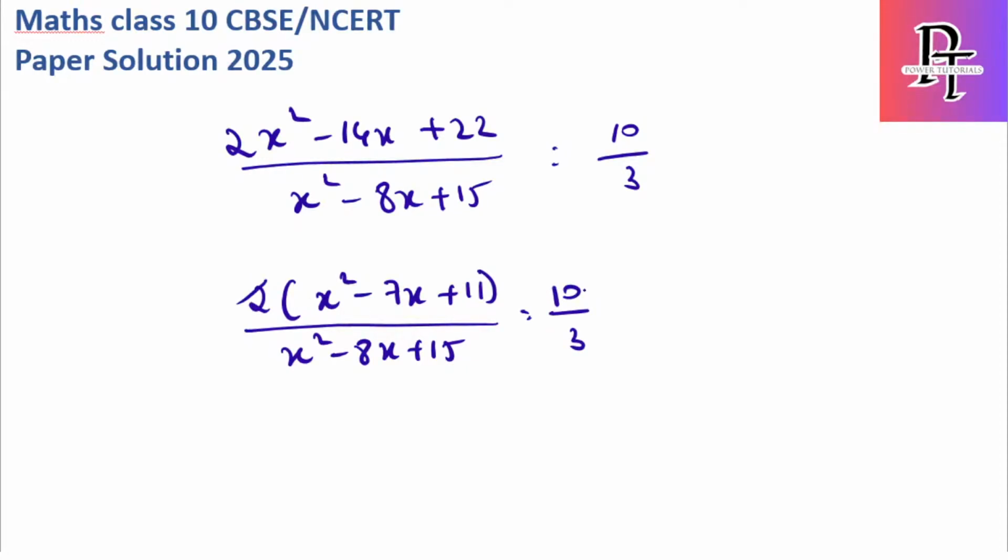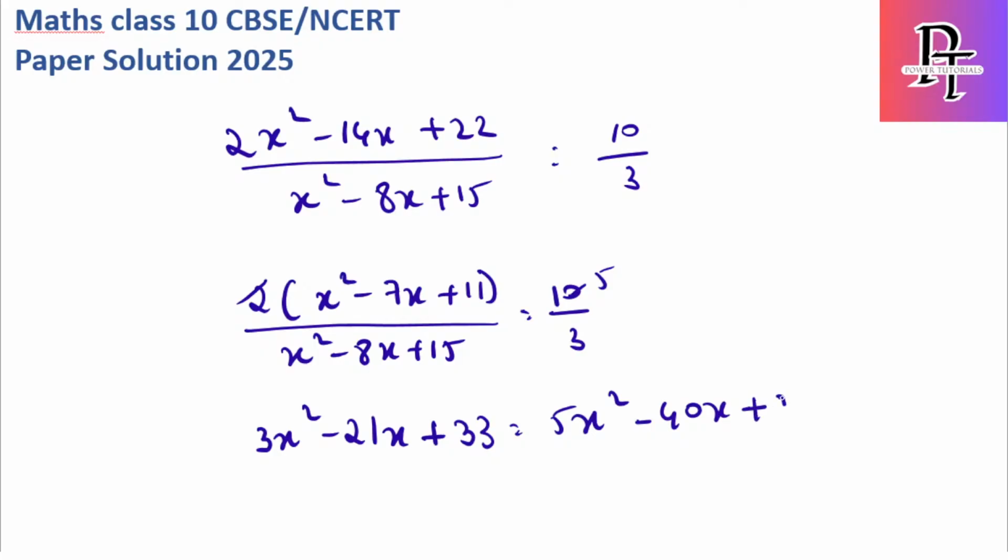So 2 ones, 2 fives. Now let's cross multiply. So this becomes 3x square minus 21x plus 33 is equal to 5x square minus 40x plus 75. 5 eights are 40x, 5 15s are 75.